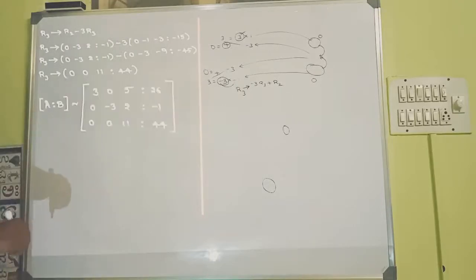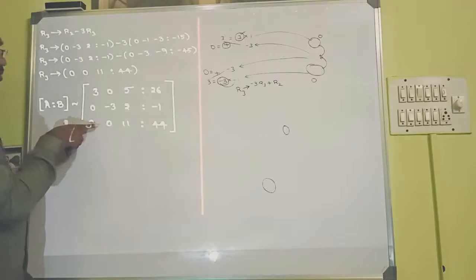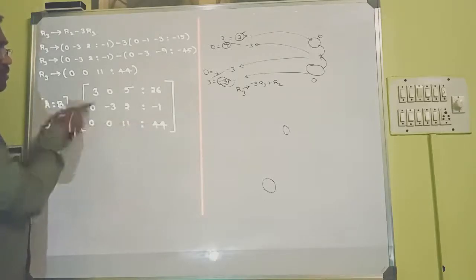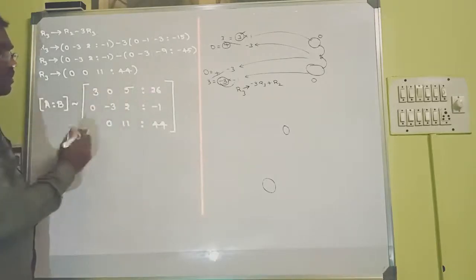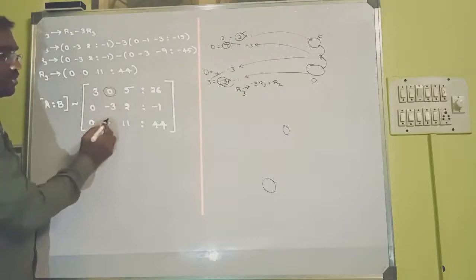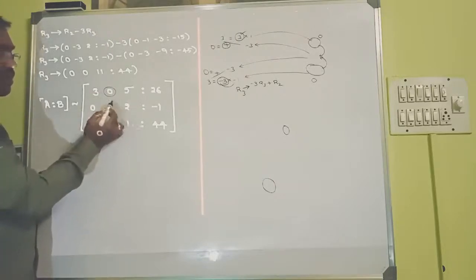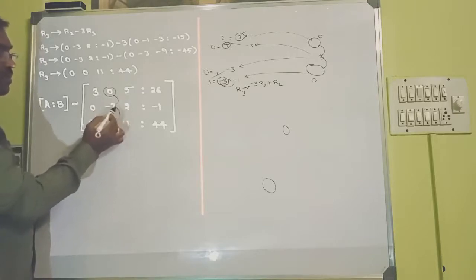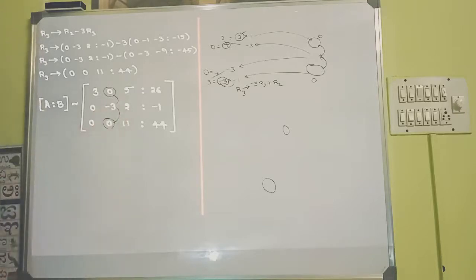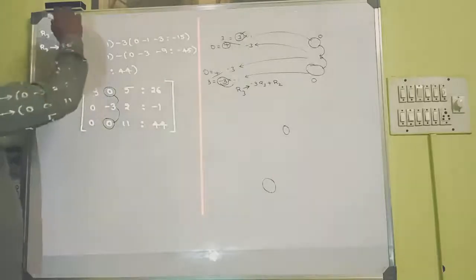So we got two new rows. We have replaced new R3 here, new R1 here. So you can observe we brought these two elements to zeros with the help of -3, with the help of this middle number. Now what is the next aim?